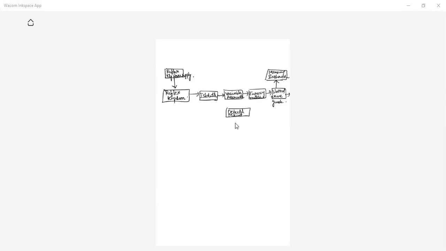So I'll once again show you what the picture looks like: attenuation measurement, microwave bench setup. Just I want to show you what a microwave bench setup looks like.